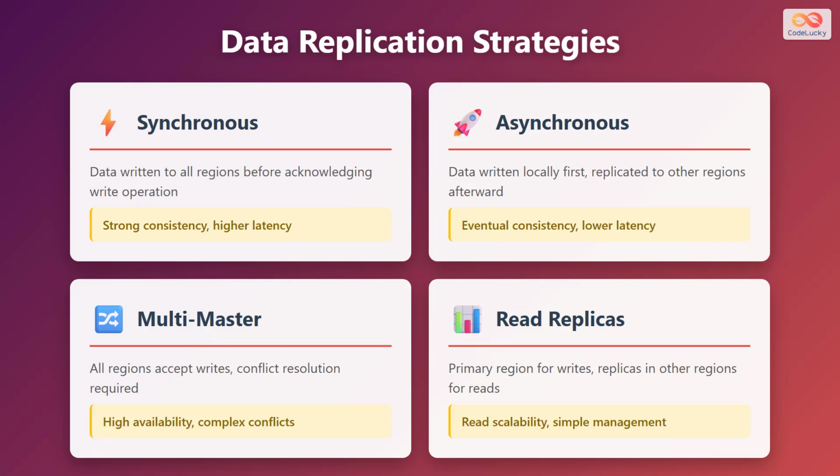Multi-master replication allows all regions to accept writes simultaneously, providing high availability but requiring complex conflict resolution mechanisms. Read replicas maintain a primary region for writes while creating replicas in other regions for reads, offering read scalability with simpler management. Each strategy involves trade-offs between consistency, performance, and operational complexity.